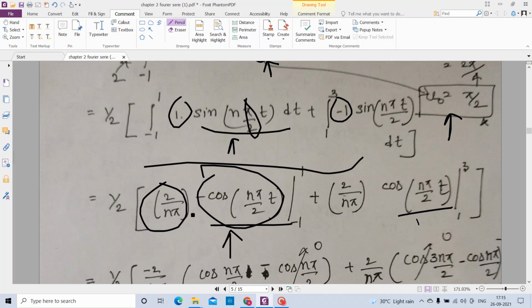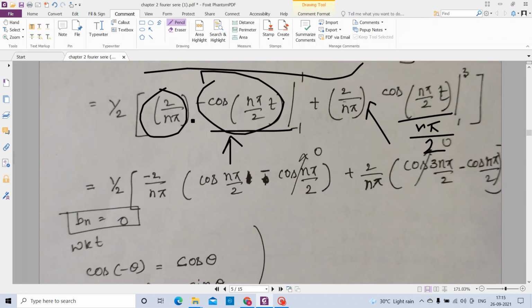So afterwards you have to substitute these limits. Then you will get the bn coefficient as 0.